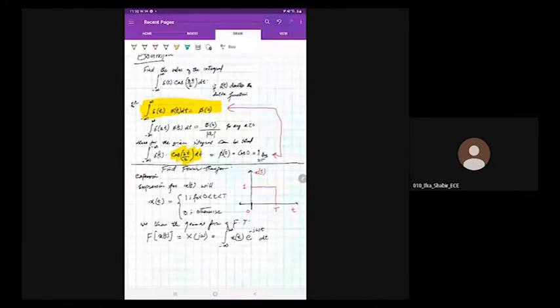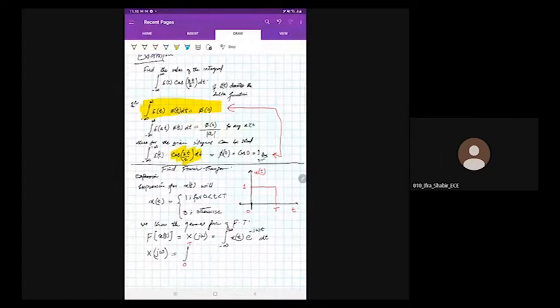Now see, according to the expression that we have formulated for x of t, we know that X of j omega, because our signal is existing between 0 and T only, our limits will be modified from 0 to T, not minus infinity to plus infinity. The second thing, what is x of t?